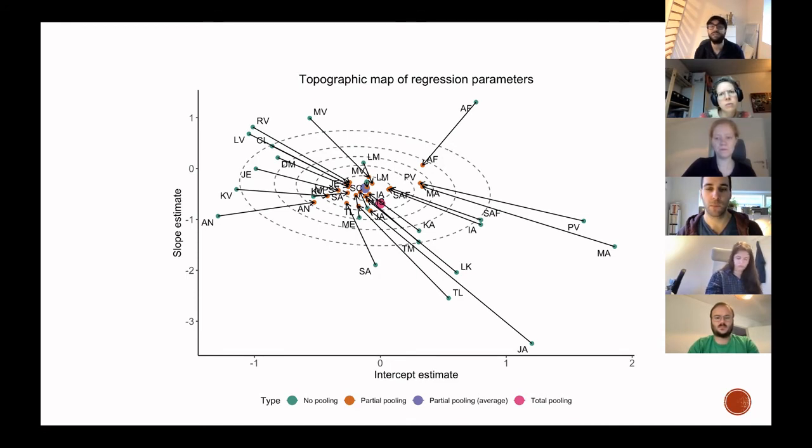And again, you can see very clearly that there is no bias in terms of direction. It's shrinking the big negative effects and it's shrinking the positive effects.